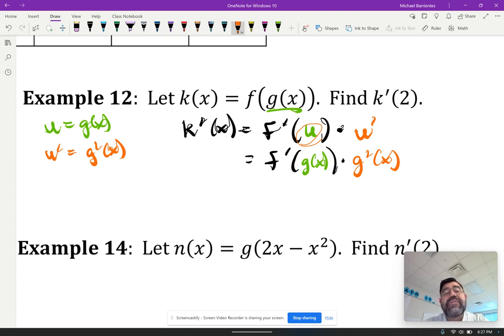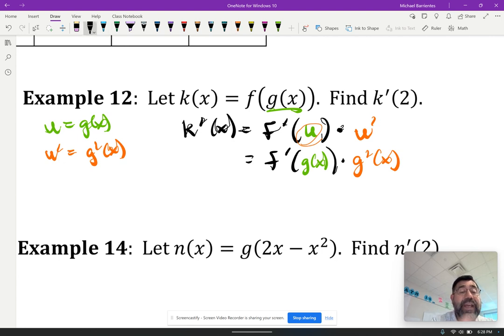The more chain rule you do, the more you're going to identify the inside function, know what the outside function is, and take the derivative of the outside with the inside in it times the derivative of the inside. It'll become habit. I'm just using the green and the orange right now to guide where your eyes should be going.